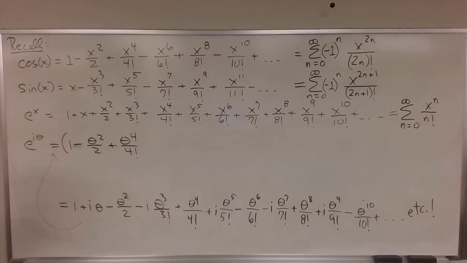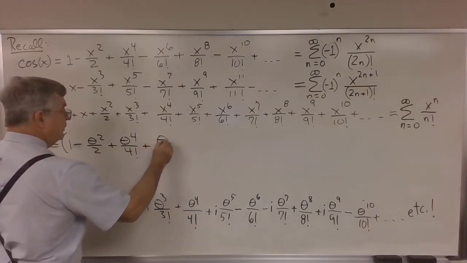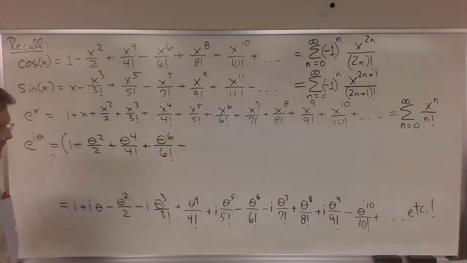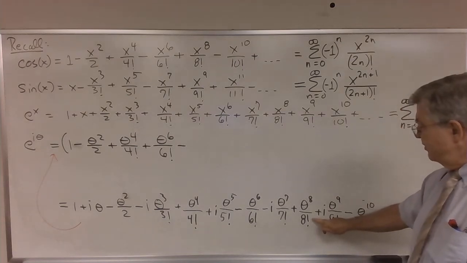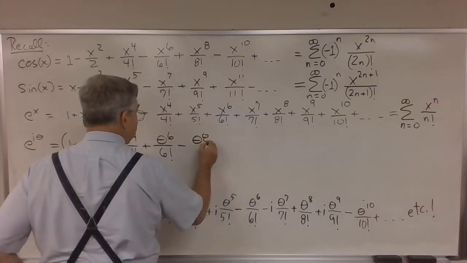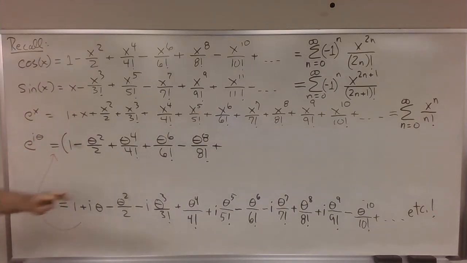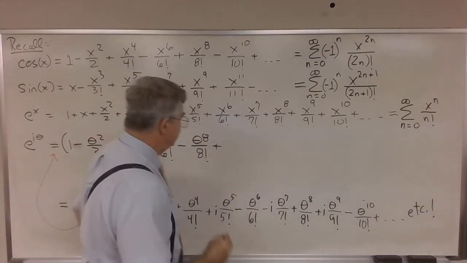And the next thing that doesn't have an i in it is this thing, theta to the 6th over 6 factorial. And then the next term that doesn't have an i in it is this one, theta to the 8th over 8 factorial. And the last term that we have there that doesn't have an i in it is negative theta to the 10th over 10 factorial.